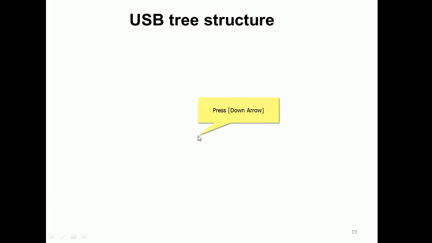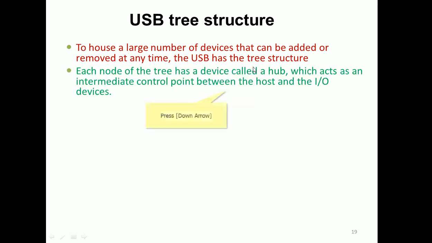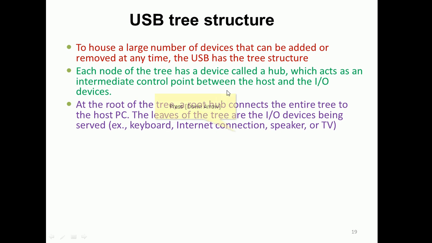To house a large number of devices that can be added or removed at any time, the USB has the tree structure, so you can add or delete devices. Each node of the tree has a device called a hub, which acts as an intermediate control point between the host computer and the IO devices.